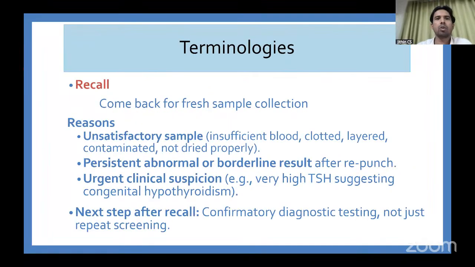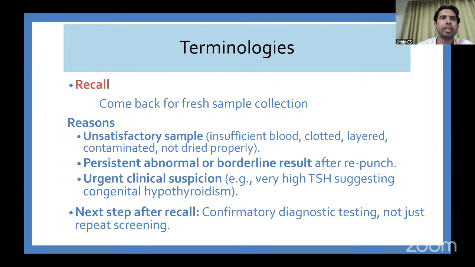What is recall? Recall generally happens if we get a highly positive test, like a very high TSH. We need to recall the patient and get a confirmatory venous sample taken. Or sometimes there will be an unsatisfactory sample, like I have already discussed.